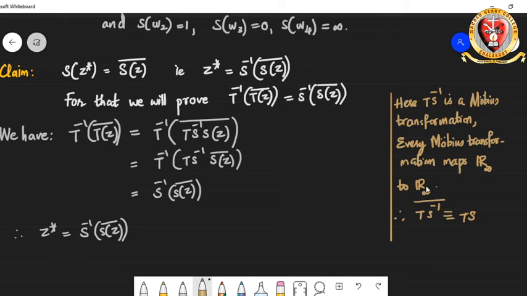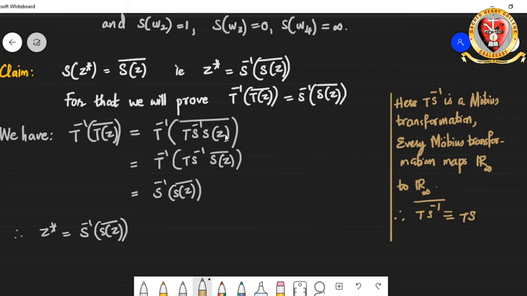So whenever it is mapped, we know that the image is a real number, right? So here you have an observation to make. Here the T S inverse is acting on S of Z, right? So this S of Z is actually in the extended real line, since the cross ratio, whatever complex numbers we use for the cross ratio, they are all lying on the circle gamma.